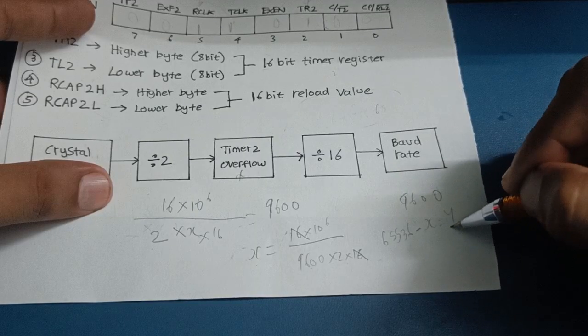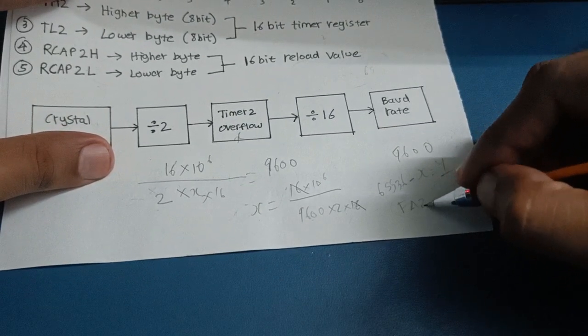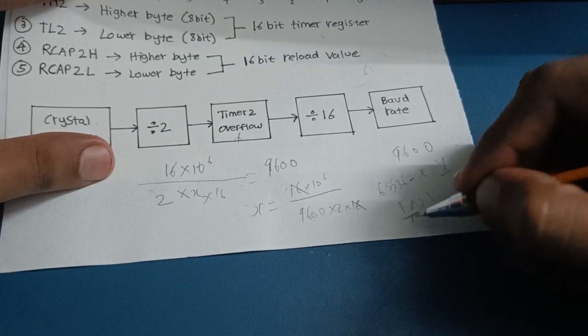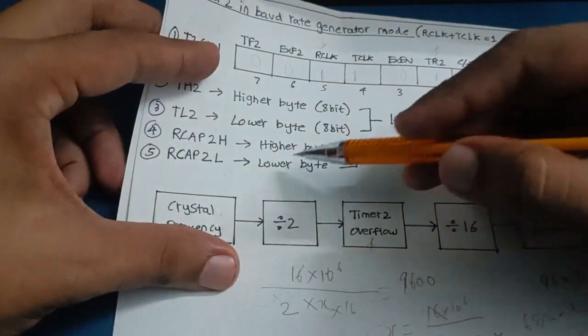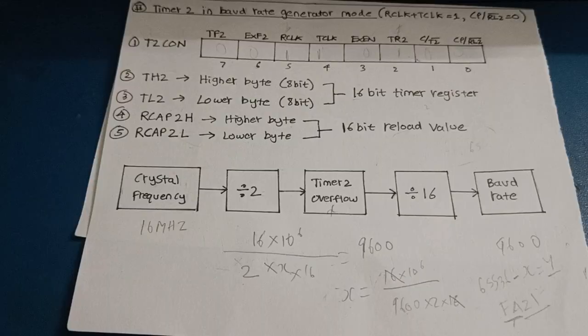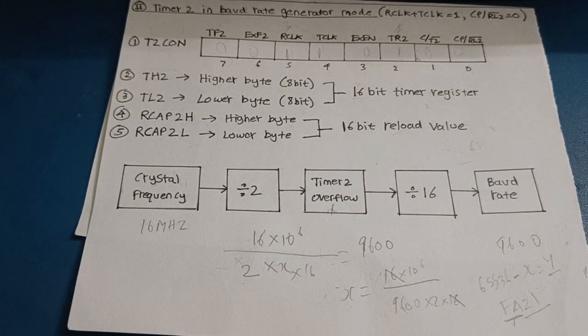And this value we will get as some 4-digit hex number like FA21, for example. These two digits we have to load in RCAP2H, and these two in RCAP2L. And the same value we have to load in TH2 and TL2. So let's do this calculation in the calculator and modify the code for timer 2 baud rate.